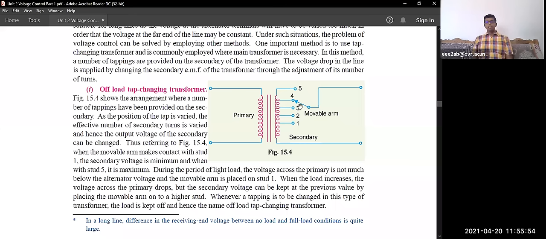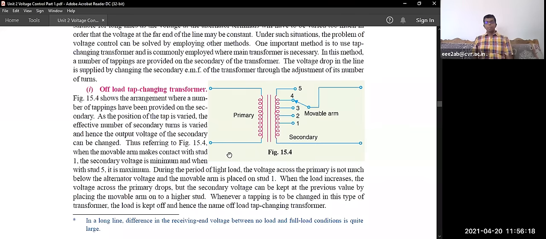If this movable arm varies, the output also will change. When the movable arm makes contact with stud 1, the secondary voltage is minimum, and when this movable arm is connected to stud 5, then it is maximum.